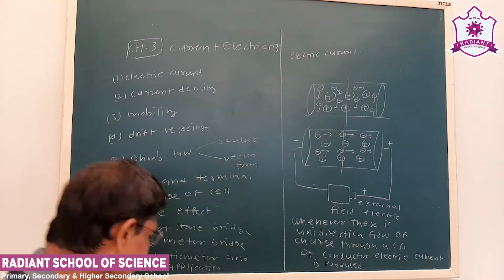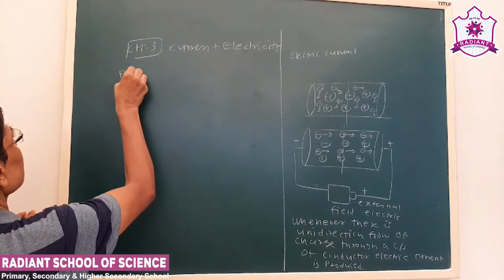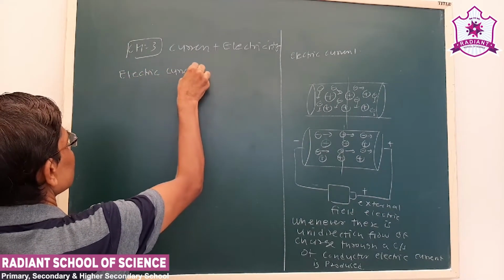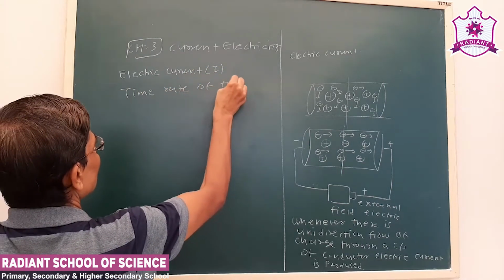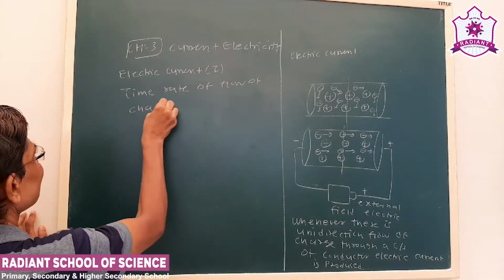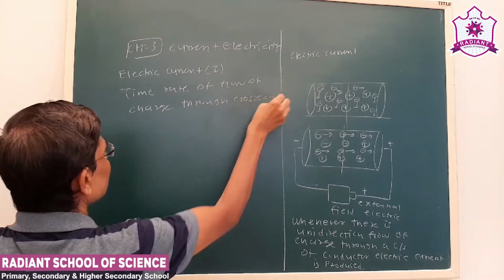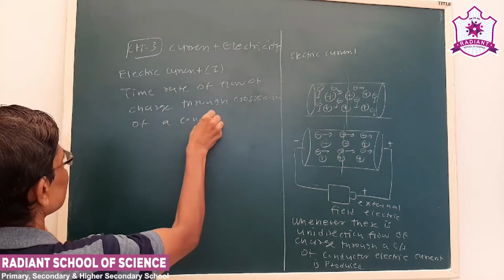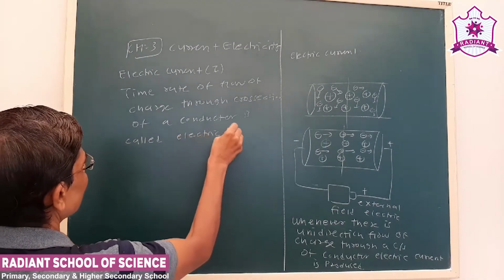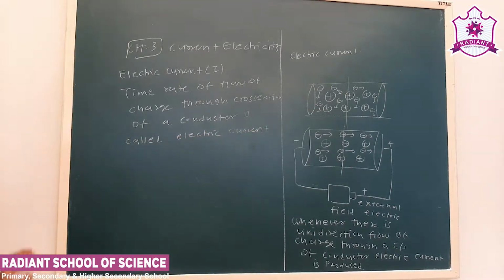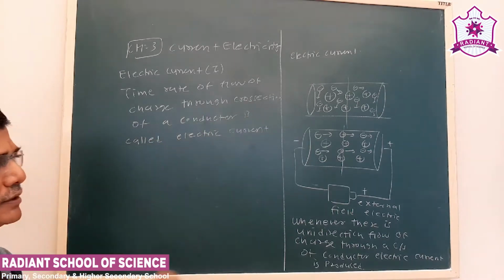Okay, now see, we define electric current like this. The time rate of flow of charge through a cross section of a conductor is called electric current.